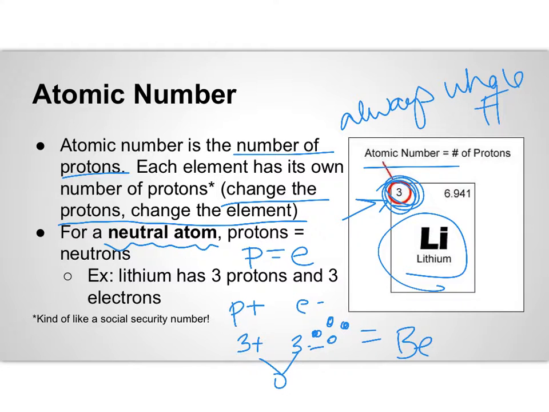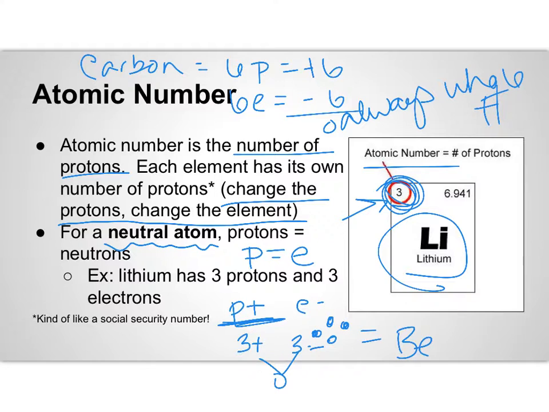So if I look at something like carbon, okay, carbon, a neutral atom of it would have 6 protons and 6 electrons. That would be +6, -6, balancing out to 0. So you have to keep in mind that protons are positive and electrons are negative, and when we have a neutral atom, that means that they have the exact same number, okay?